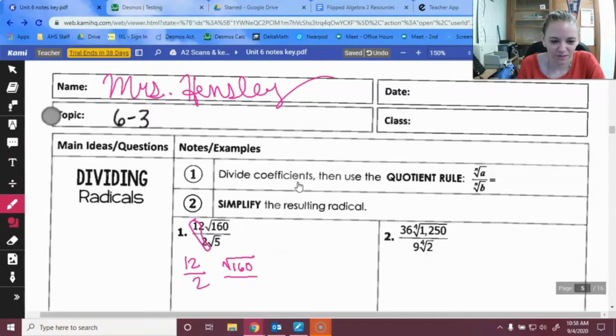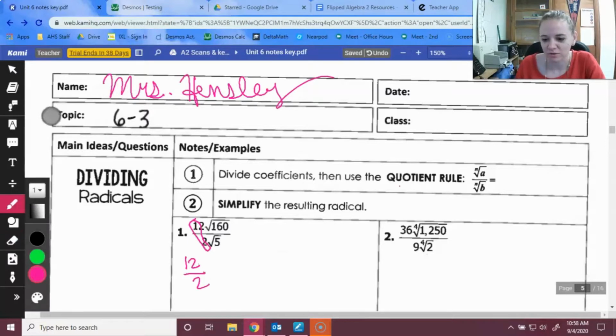Oh, well, it would help if I waited on this for a second before I explain this. So we have the quotient rule. And the quotient rule says that if you have the same index for two radicals, on the numerator and denominator, that you can combine them and make one radical as a fraction under the radical, like this.